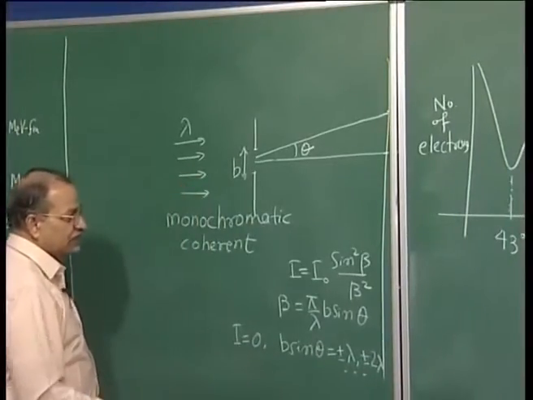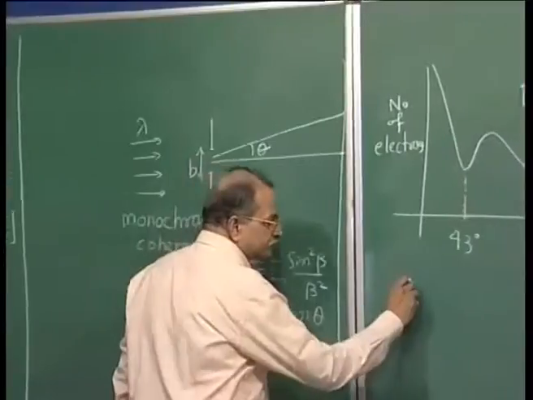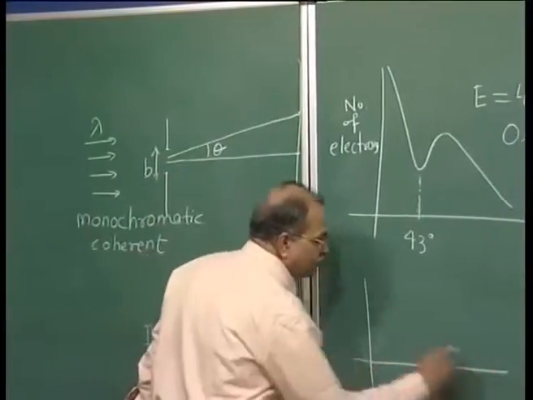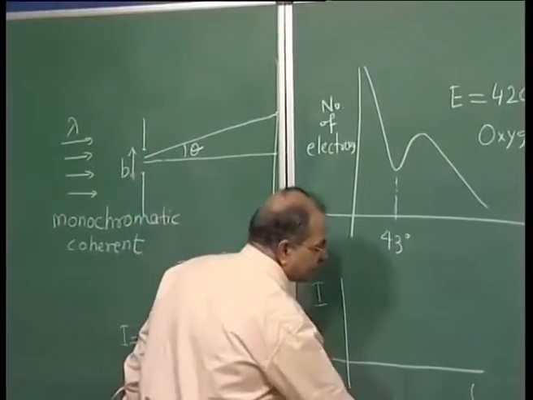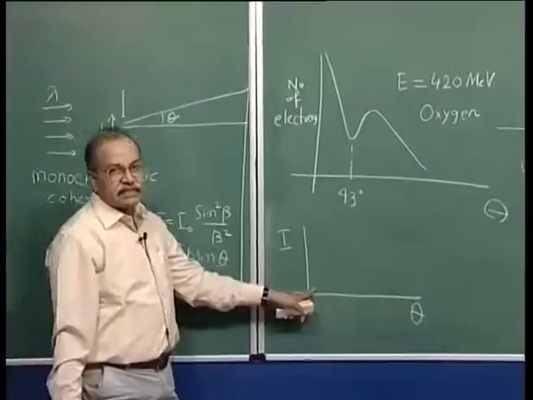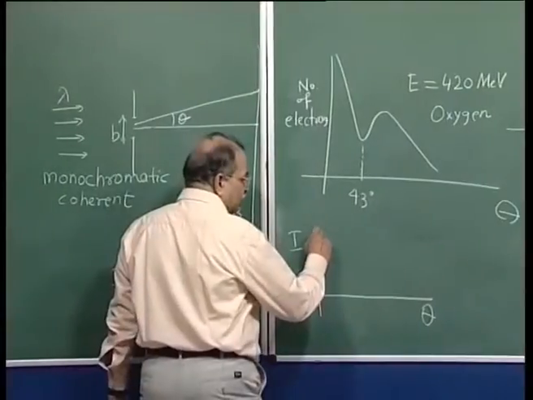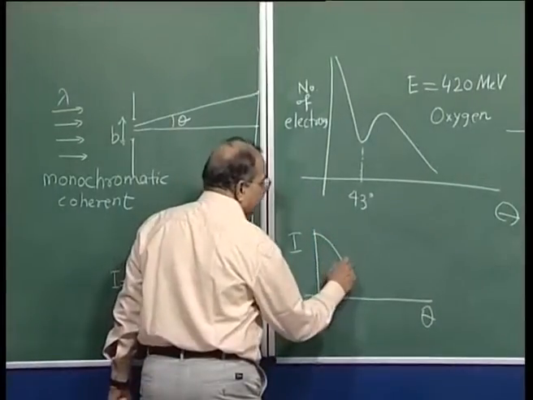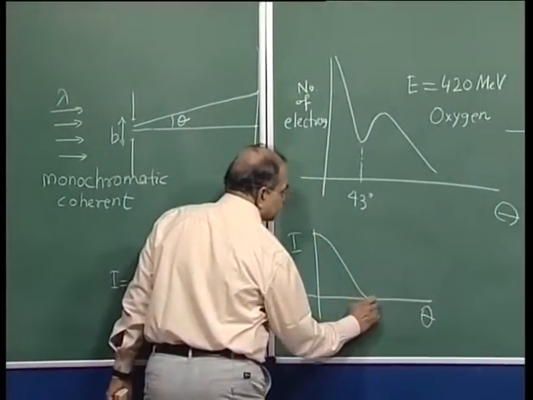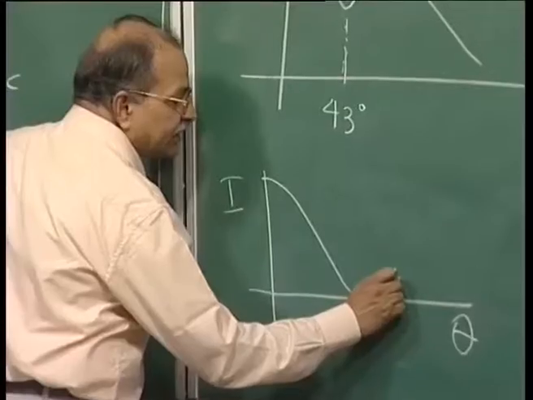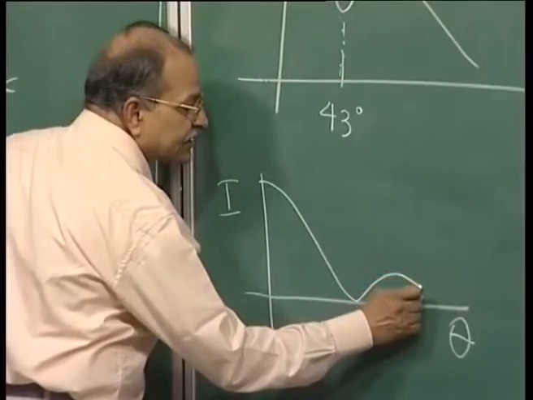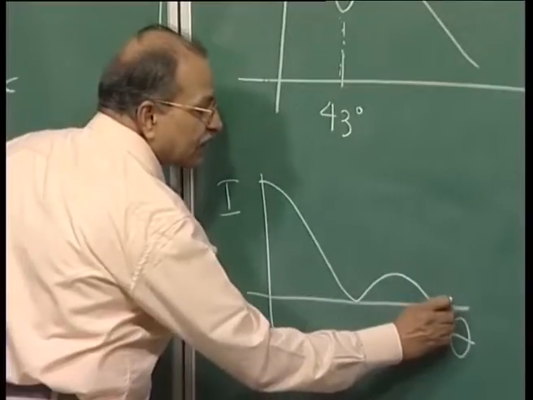So, if you plot this intensity pattern as a function of theta for single slit diffraction, you will find that at theta equal to 0, the intensity is maximum and then it falls and then becomes 0 and then again increases and then again becomes 0 and so on.